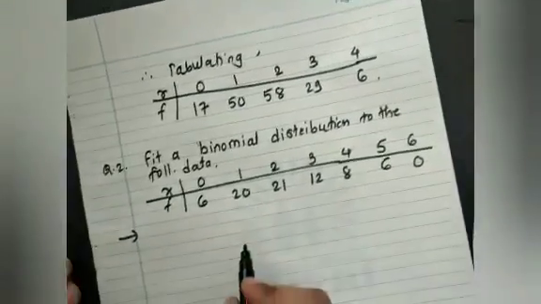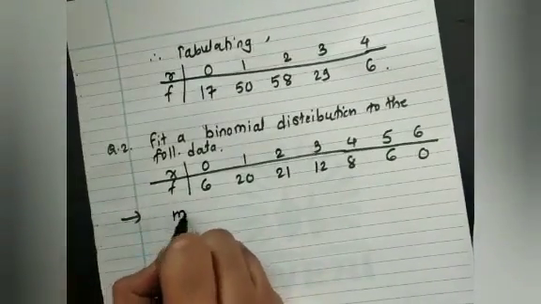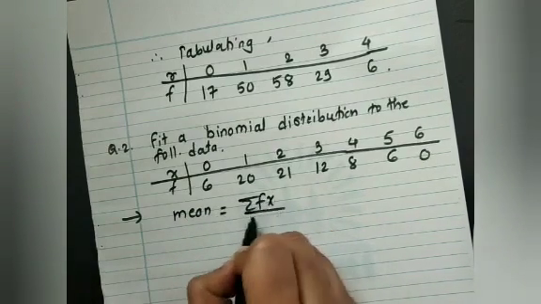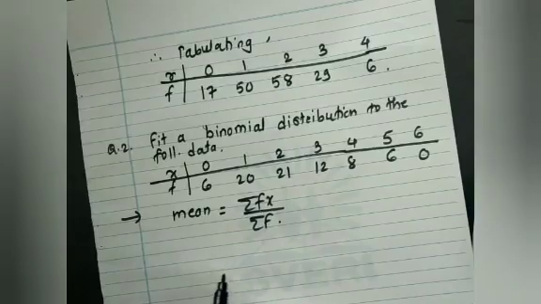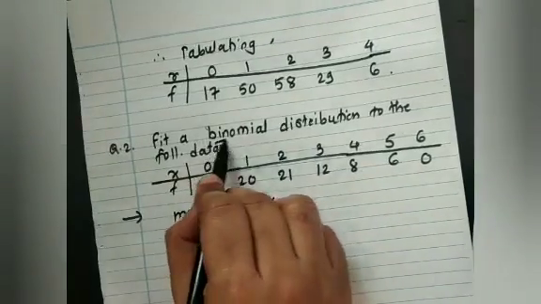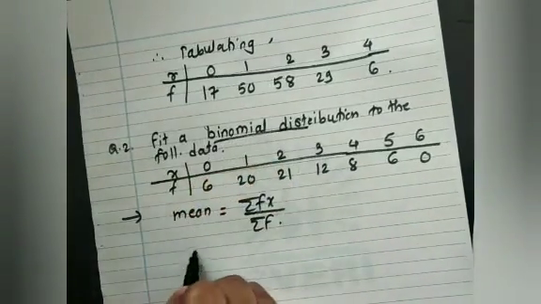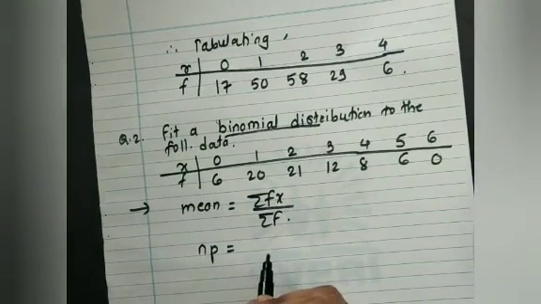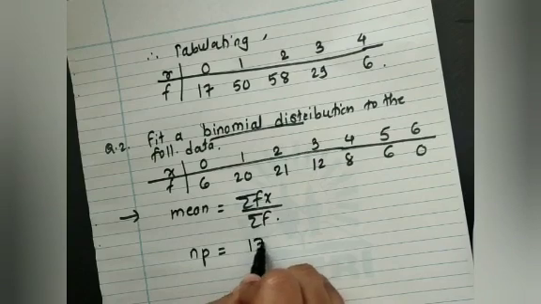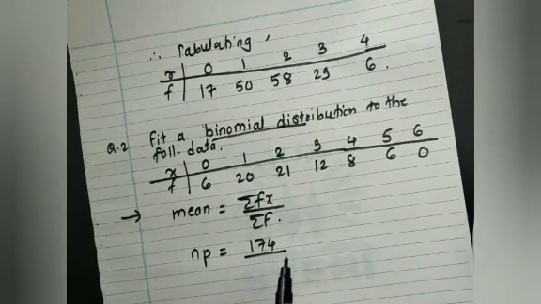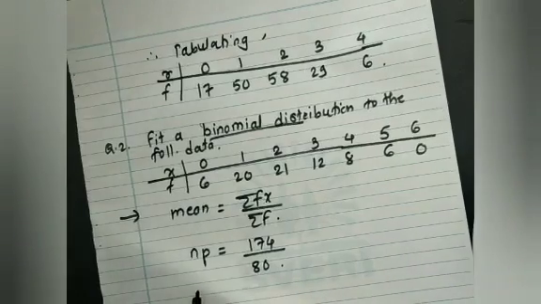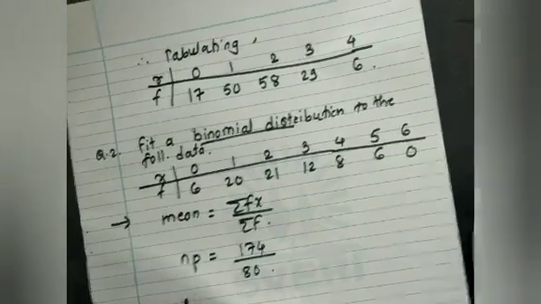Then we have to write the formula. Formula is mean is nothing but summation fx upon summation f. We'll try to find it, but we have to solve it by binomial. So in binomial, mean is np. np is equal to summation fx we'll find, and it is 174. We can check. And summation f we have to find, which is equal to 80. And n here is 6.